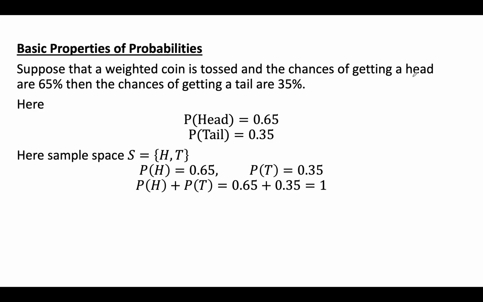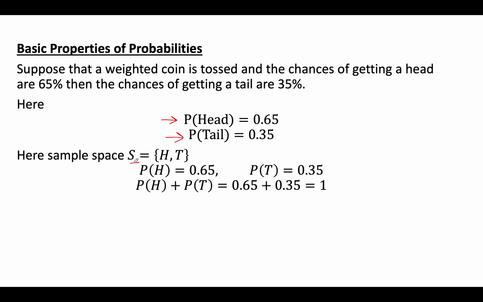Now let's suppose a weighted coin is tossed and the chance of getting a head is 65%. Then the chance of getting a tail is 35%. Here we got that the probability of H is equal to 0.65 and the probability of tail is equal to 0.35.